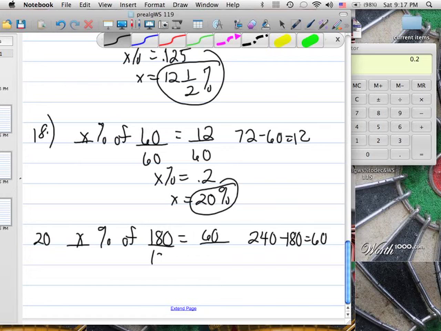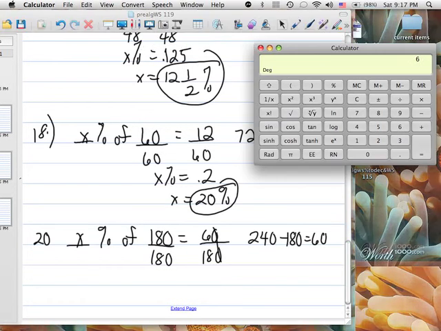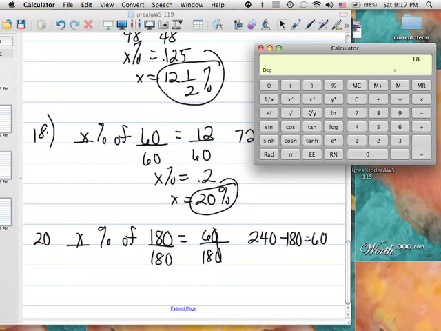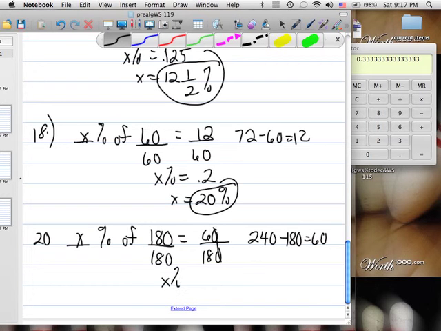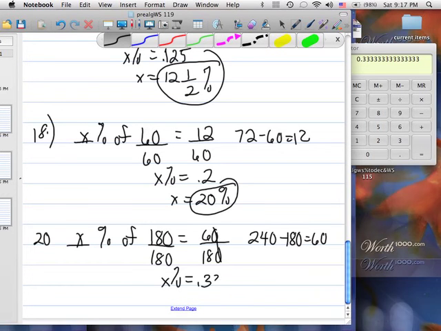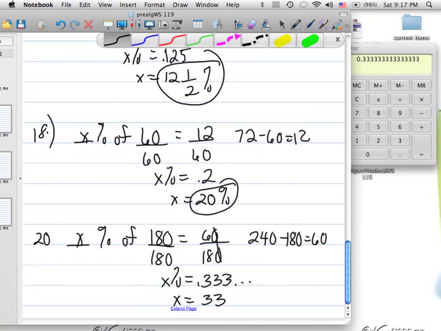So divide by 180, and we get 6 divided by 18, which is going to come out 1/3 or 0.3 repeating. So we have x percent equals 0.3 repeating. So x equals 33 1/3%.